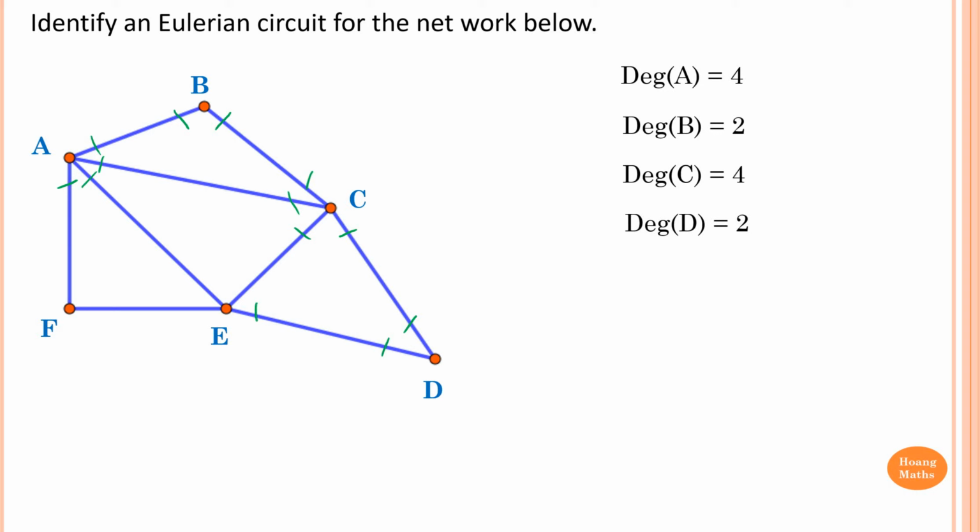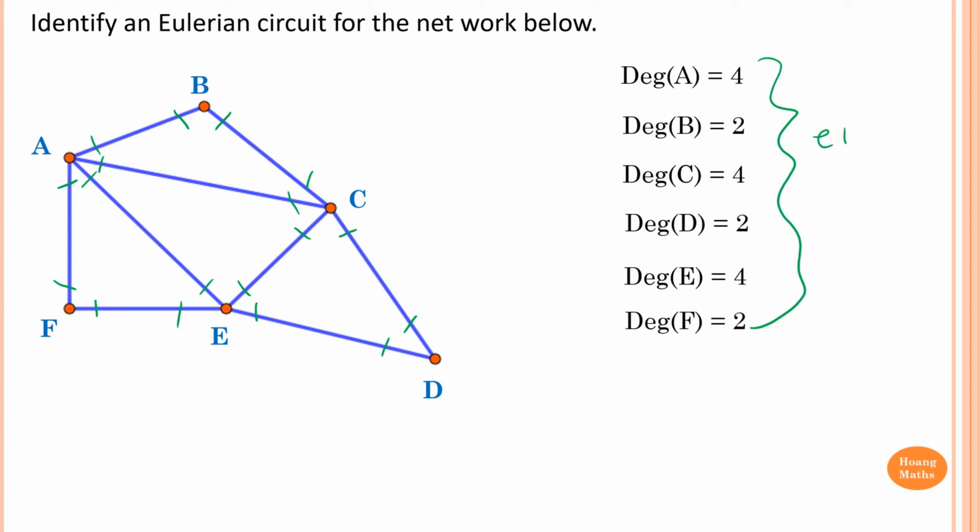For E, 1, 2, 3, 4, so the degree is equal to 4. And for F, 1, 2, so the degree is equal to 2. So we have 4, 2, 4, 2, 4, 2. They're all even degrees. So therefore, we can identify an Eulerian circuit in this network.